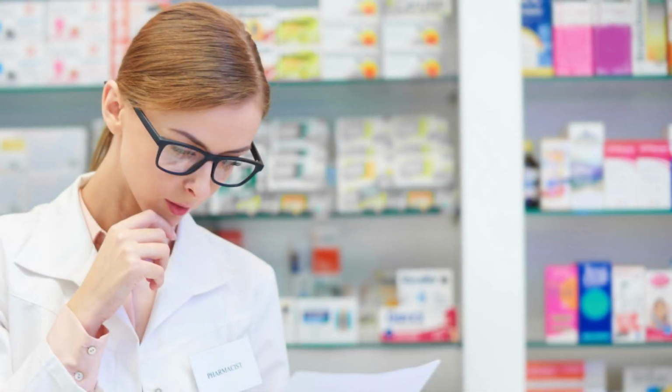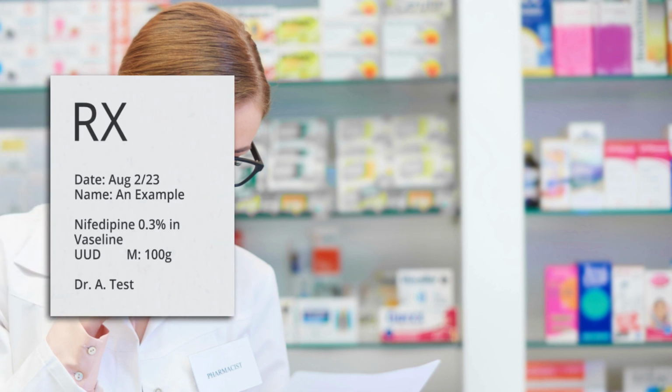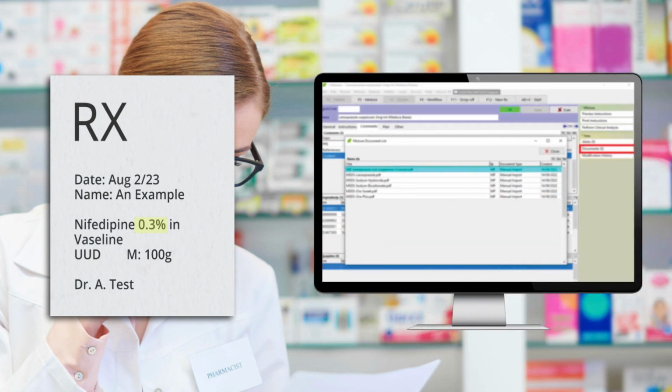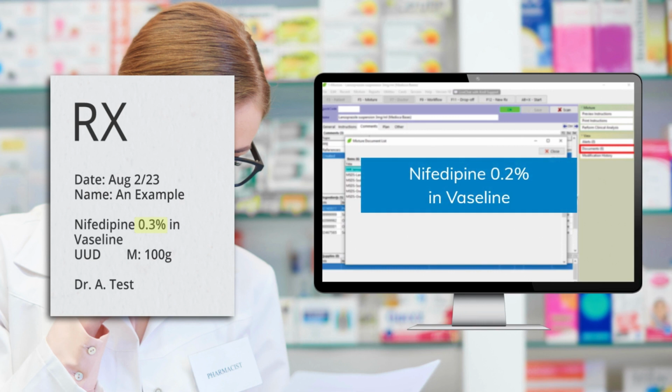There was an error that was caught in a pharmacy recently when a prescription was received for nifedipine 0.3% in Vaseline. They had no compounding file or MFR made for this strength, but they did have a file and MFR for nifedipine 0.2% in Vaseline.